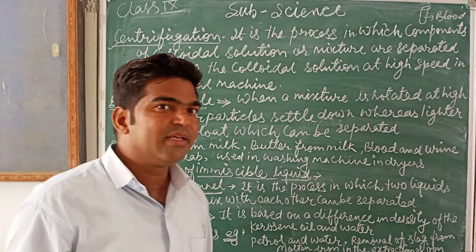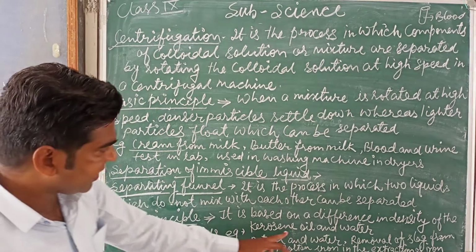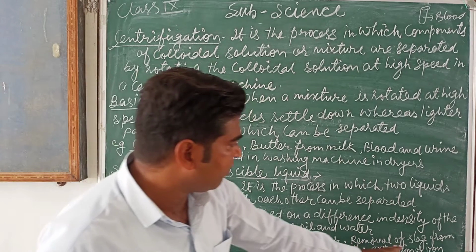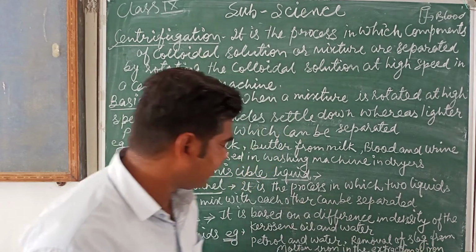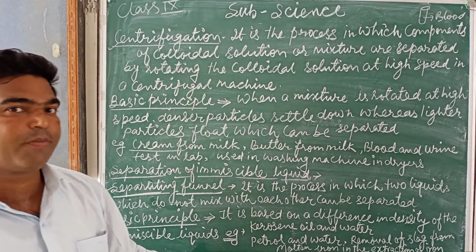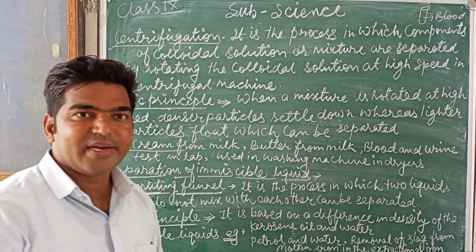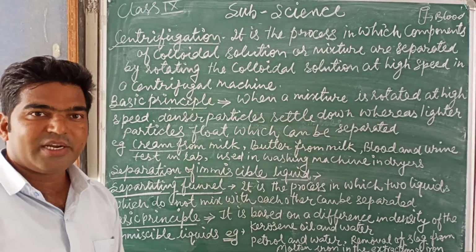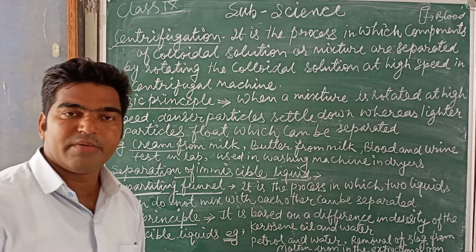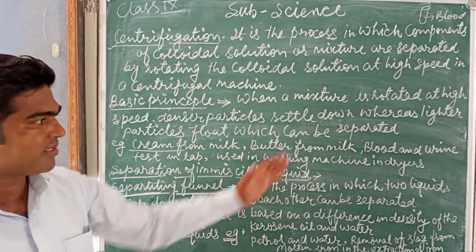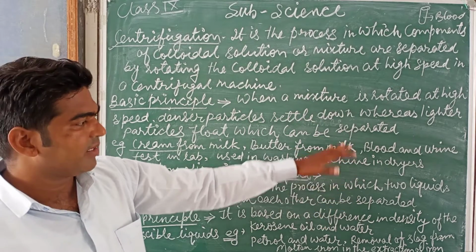So in this way we can separate kerosene oil and water, petrol and water, and also the removal of slag. This is very important. This method is used in the extraction of iron. Simply, the ores of iron, magnetite and hematite, are heated at a high temperature and converted into molten form, liquid form, and that liquid passed through the separating funnel.